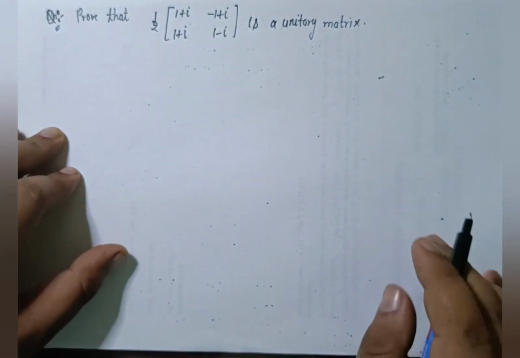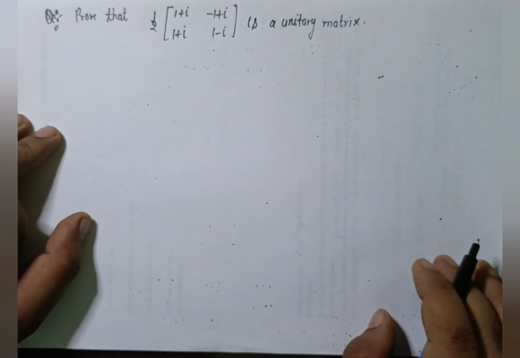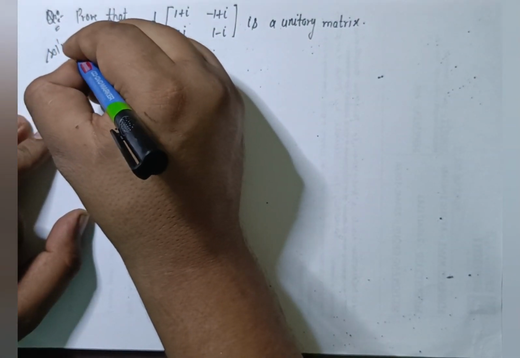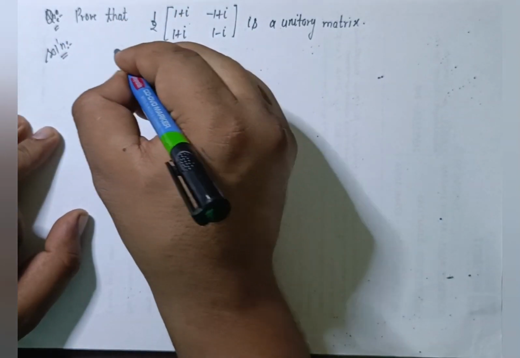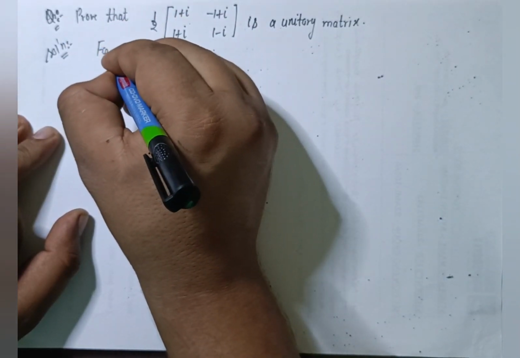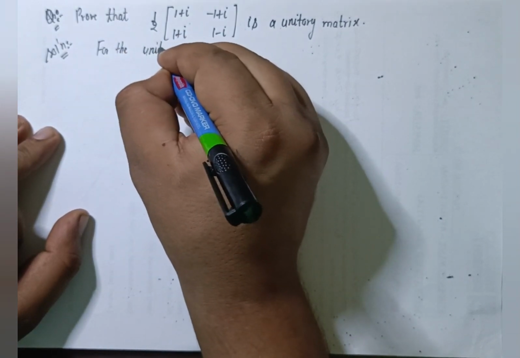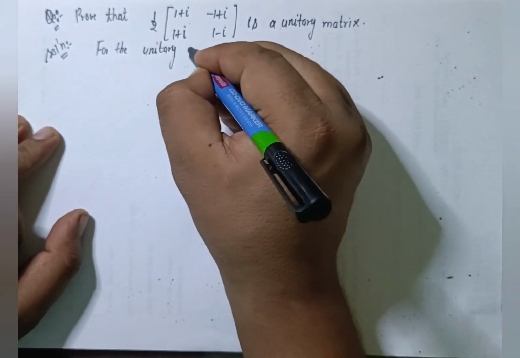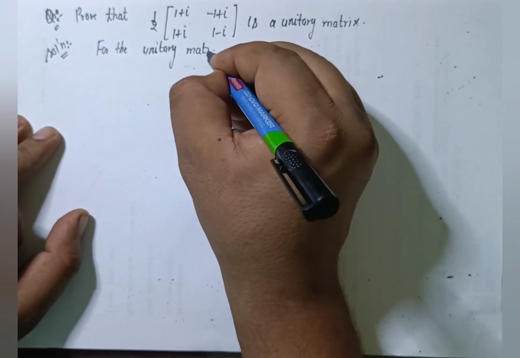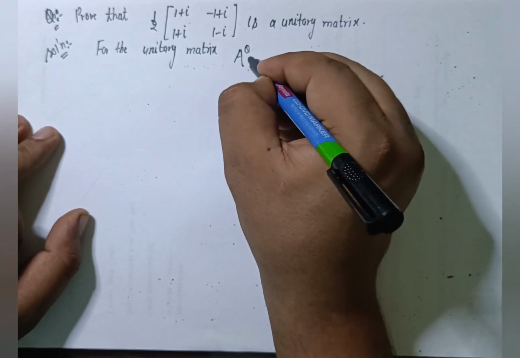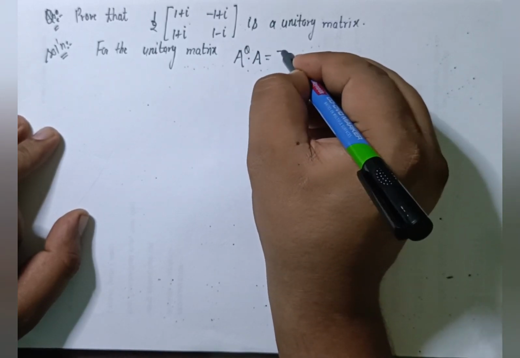So to prove that it is a unitary matrix, for the unitary matrix we need to prove A theta into A is equal to identity.